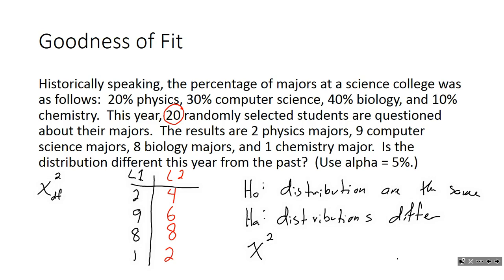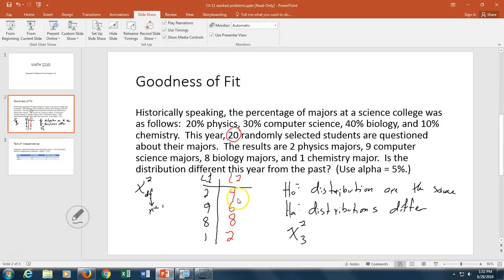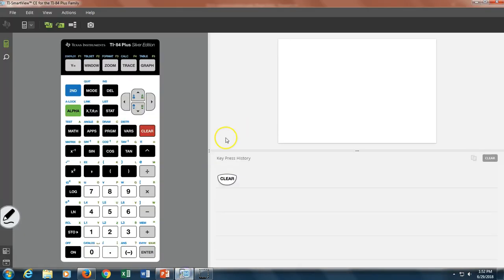Those are 4 categories. The degrees of freedom is always the number of categories minus 1. So 4 categories minus 1, this will be a chi-squared with 3 degrees of freedom. Okay, jot down these figures and then catch up with me as we switch to the calculator.